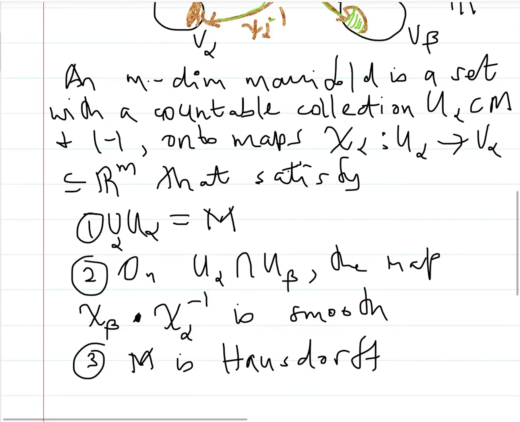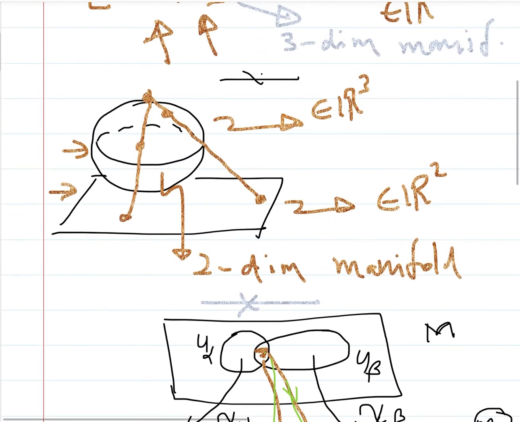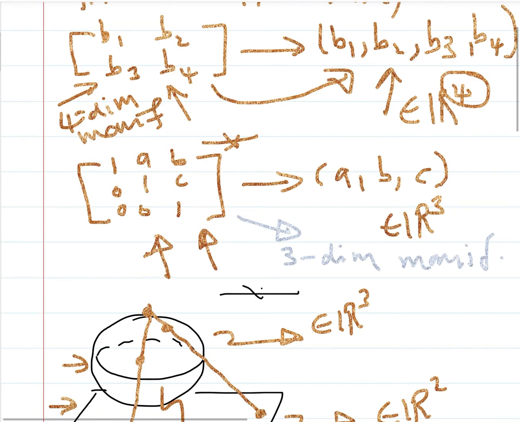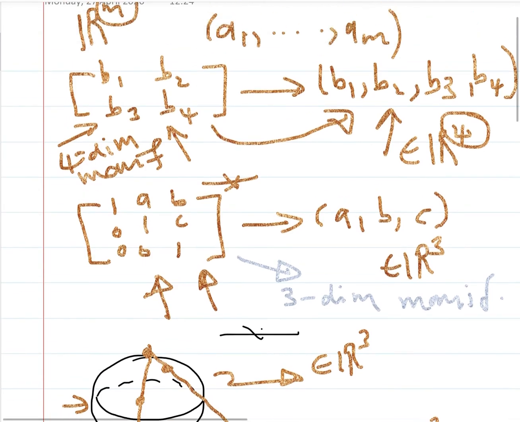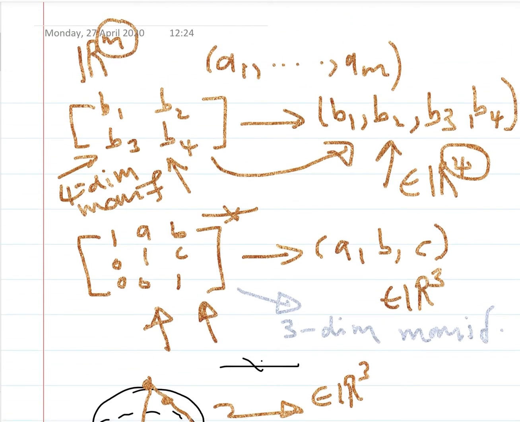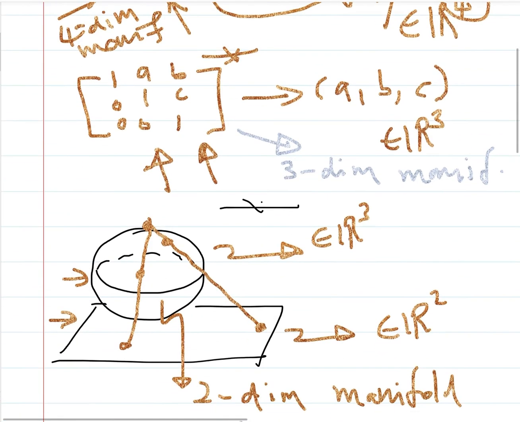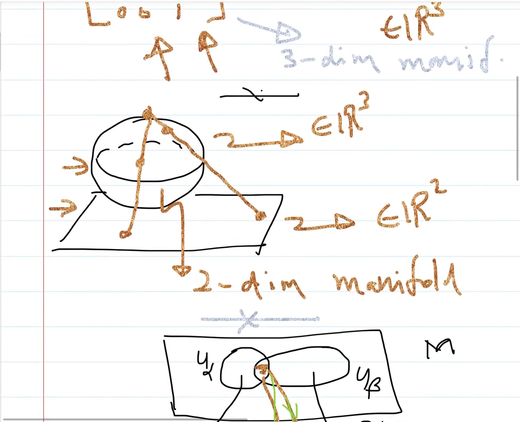But keep in mind that what this boils down to is that if you can embed a set in Rm for some minimal value m, we have an m-dimensional manifold, and think of these two examples, and particularly the interesting example of the sphere.